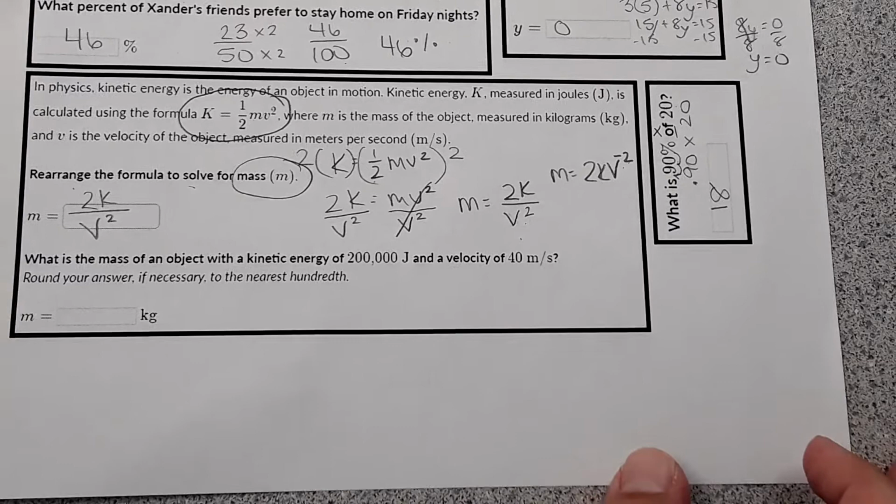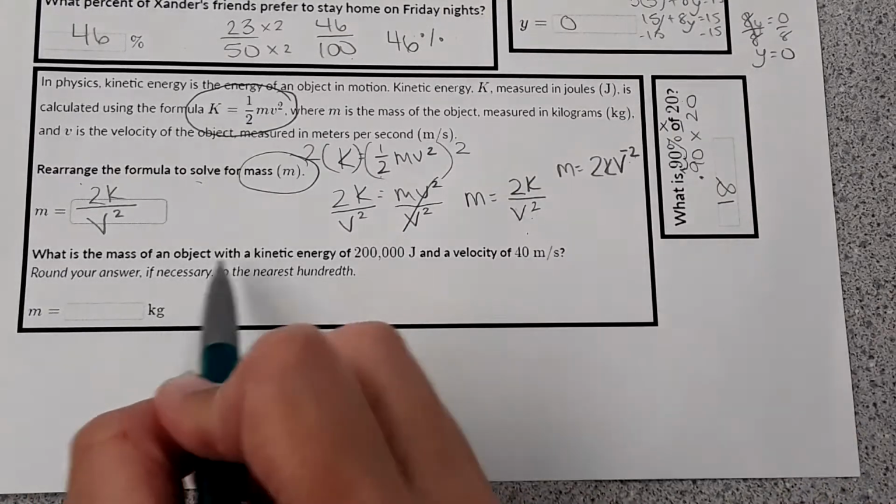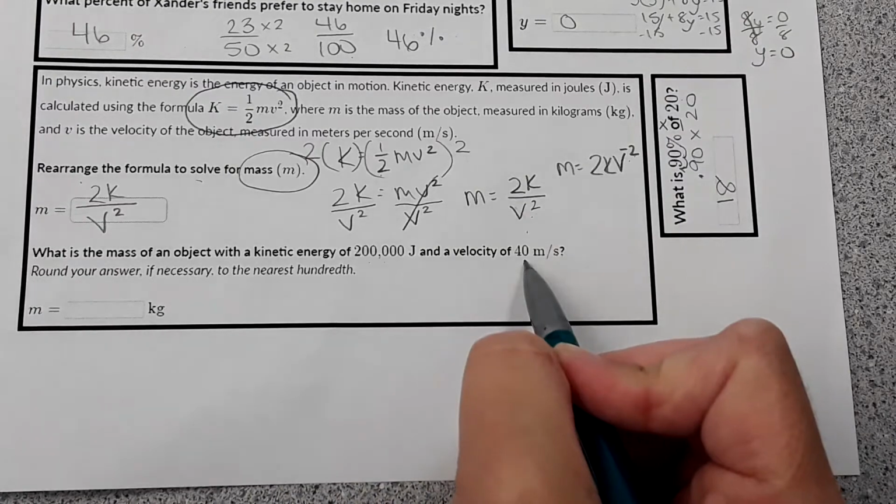The second part of the question says, what is the mass of an object with kinetic energy of 200,000 joules and a velocity of 40 meters per second?